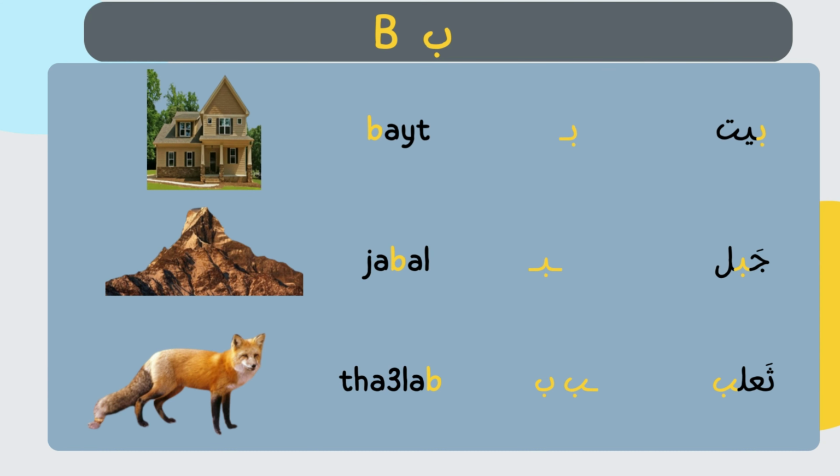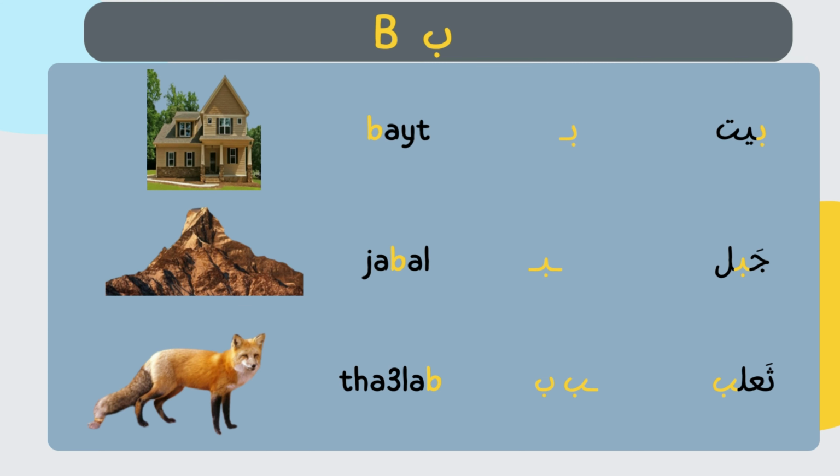Then, in the beginning position, it is like the first half of the letter. We drop the second half and we keep just the first half with one dot under. In the middle, it's the same as beginning but with a linking arm. And in the end, it's either connected or separated depending on the letter before.